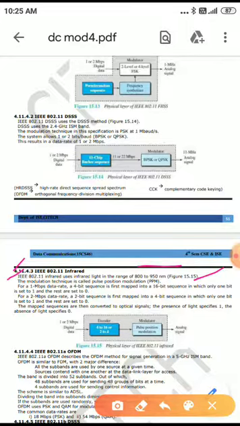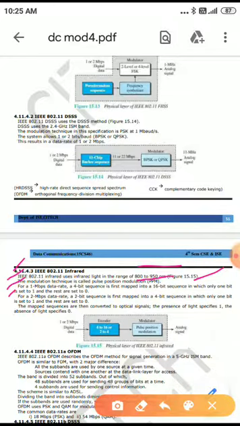The modulation technique is called pulse position modulation, PPM.